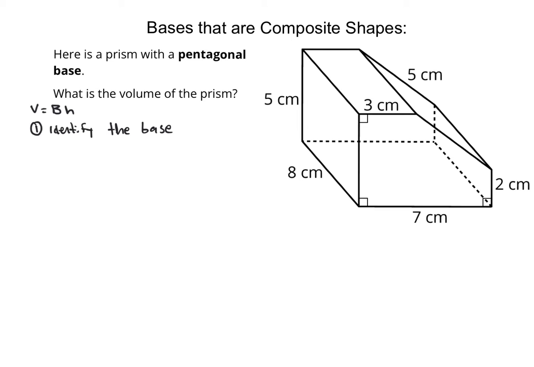And when I was first learning how to do this, that was the hardest part for me because I always wanted to think of the base as what was sitting flat against the surface. But let's remember that bases are identical and then they are connected by the height or by a series of rectangles. So in this case, our base is this figure right here, and it is a pentagonal base because it has 5 sides.